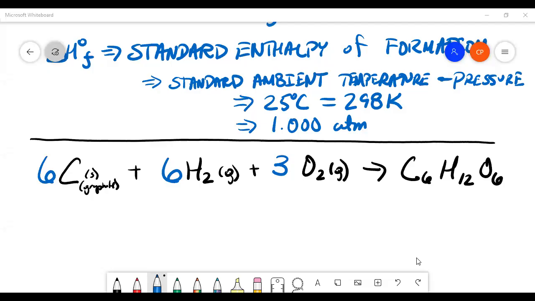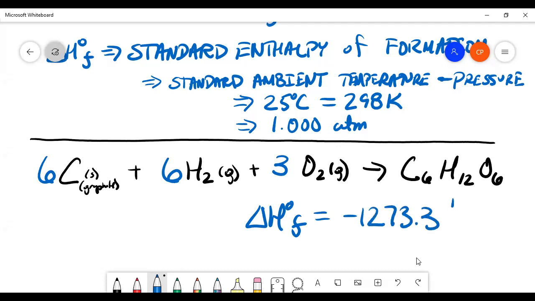Negative 1273.3. Standard enthalpy of formation of glucose is negative 1273.3 kilojoules per mole of glucose.